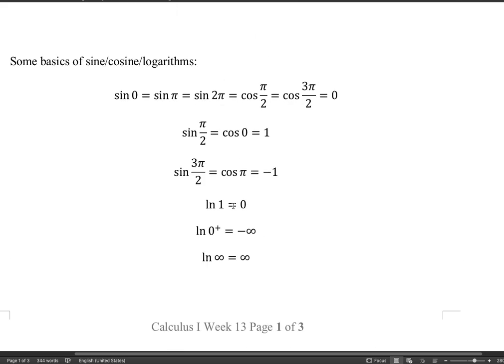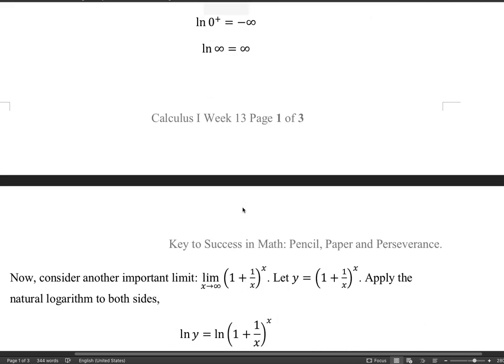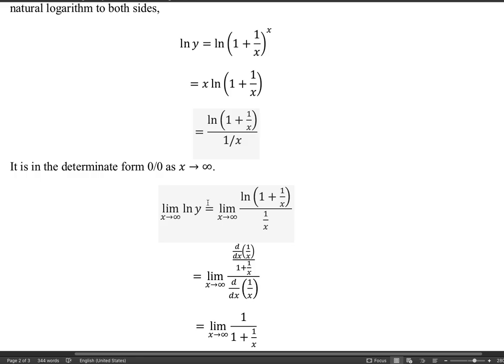But remember ln of 1 is really 0, right? So when I'm considering the limit of this logarithm, it is in the indeterminate form 0 over 0, which means for the limit I'm considering, we can use L'Hopital's rule.